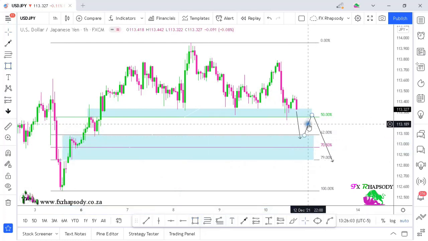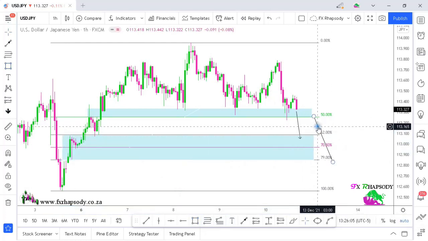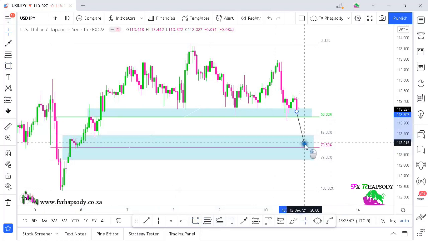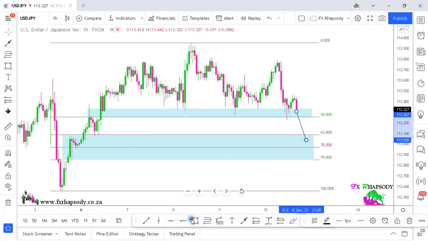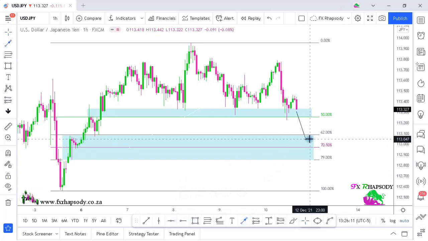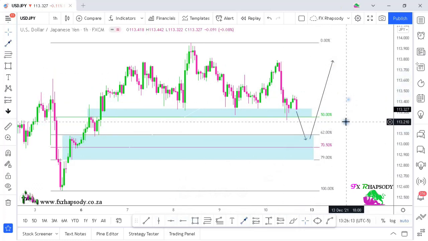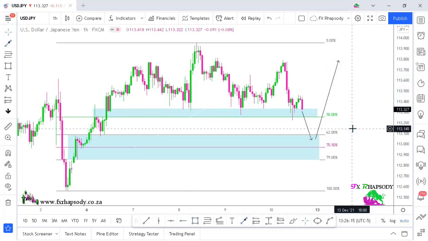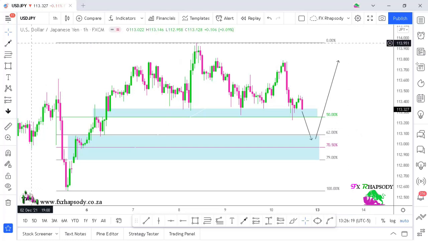So I would like to see price hitting that area, and then once it goes into that area, I'm going to look at placing my buys. This is now very biased on this pair, but let's have a look and see what happens this week.